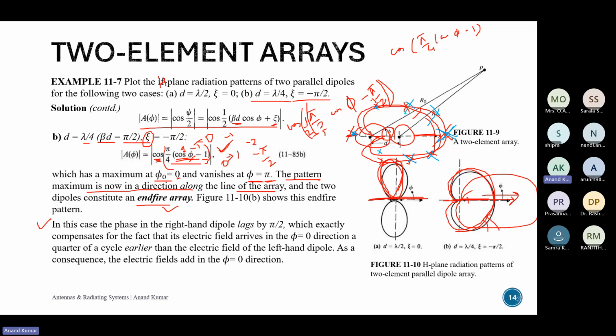So we end up with the radiation pattern which looks like this. So hence that's what's written over here. So we get an end fire array. So I'll pause over here. Maybe if you want to take a look at this expression or go through this paragraph, please feel free to ask any questions that you have.